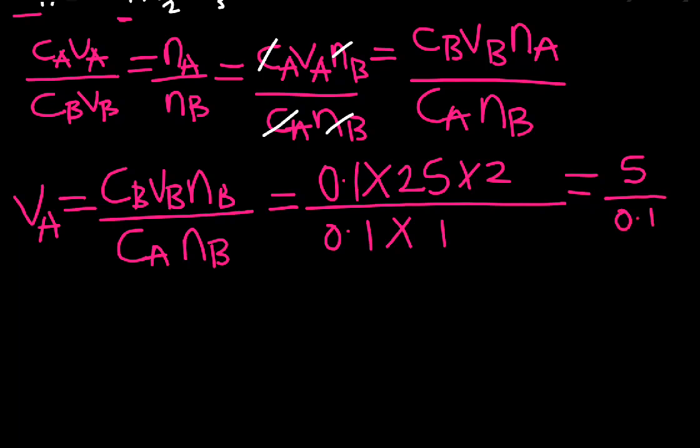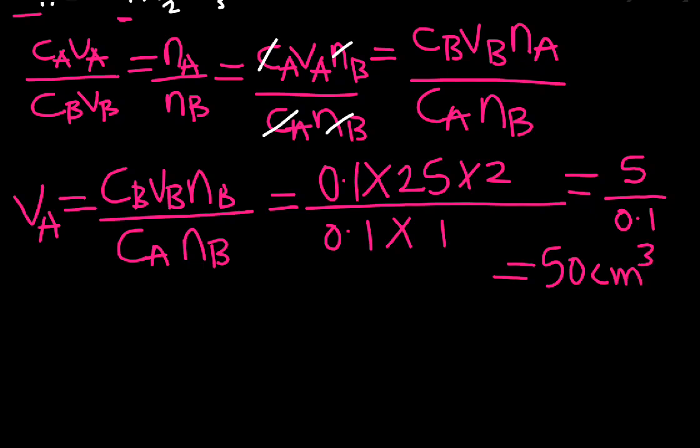If you divide 5 by 0.1, you would get 50 cm³.